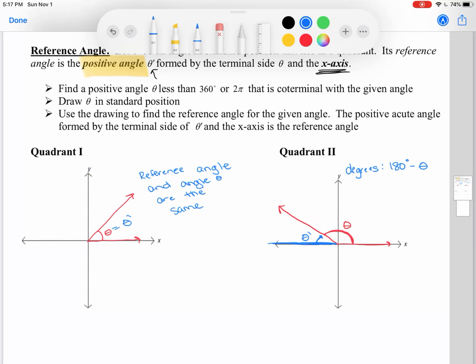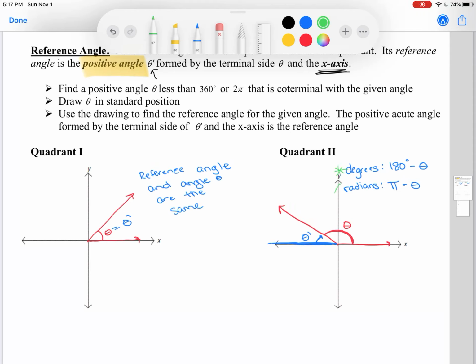And then by subtracting theta, that's going to leave me with a positive angle at the end. So make sure that your reference angle always ends up being positive. That's why we do 180 first and then subtract. If we took our value and then subtracted 180, we're going to end up with a negative angle, and that's not allowed.